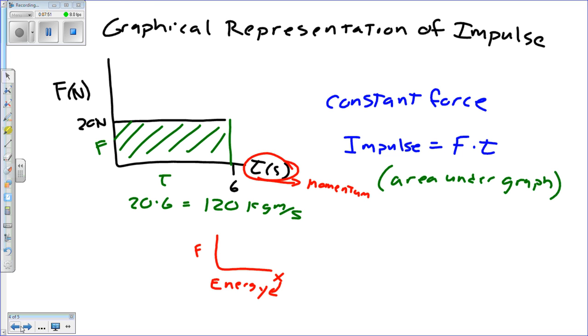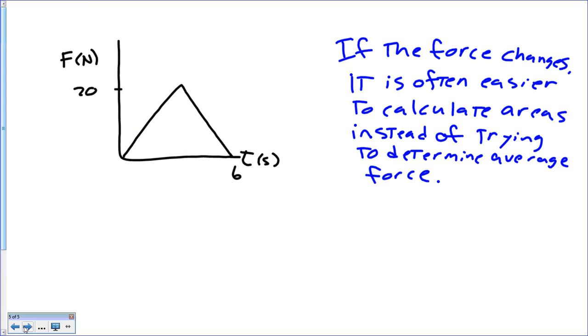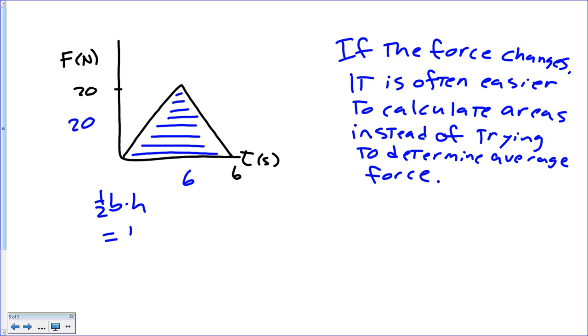All right, moving on. Now, if the force changes, it's often easier to calculate areas instead of trying to determine the average force. For example, this one right here. We've got a force that increases and decreases, and it takes about 6 seconds to do all of that. Now, this triangle is really nice. We got a base of 6, a height of 20, and as you know, 1/2 base times height gives you 1/2 times 6 times 20, and that's 60.